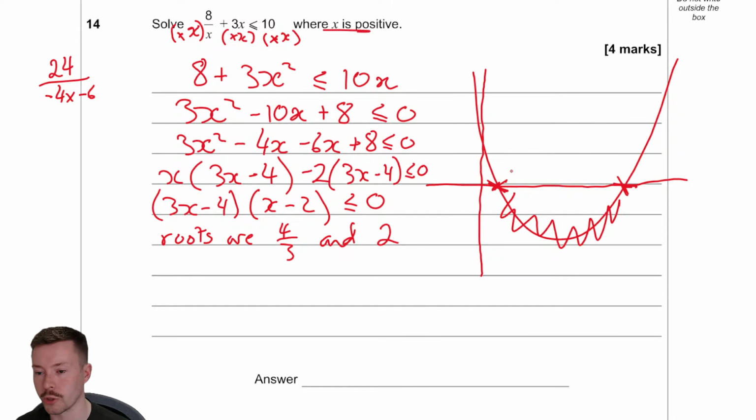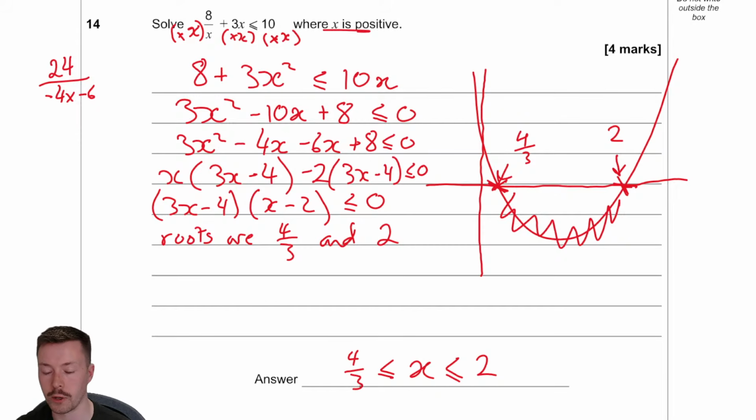Although that is quite stretched now. It's not quite right, but yeah, you get the point. So this is 4 over 3, 1 1/3. This is 2. So for our answer, we want x to be less than 2, or less than or equal to, because we've got the equal to in the question, and then greater than or equal to 4 over 3.